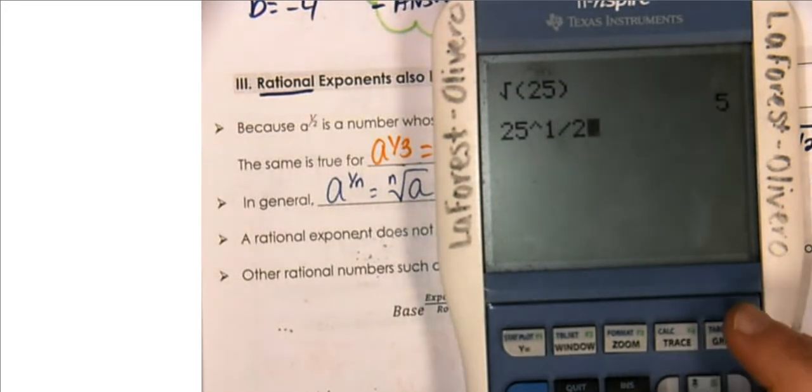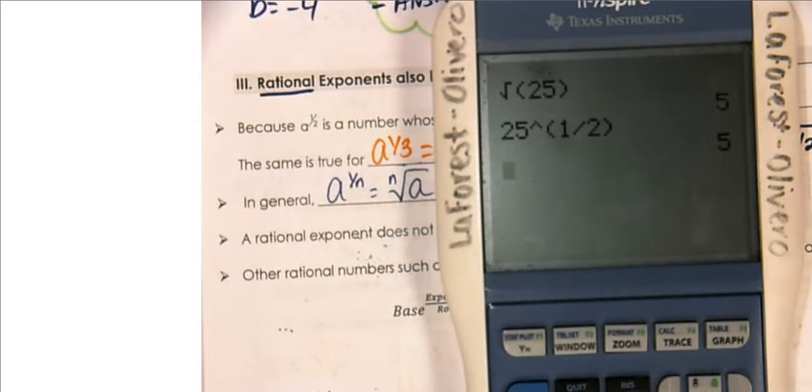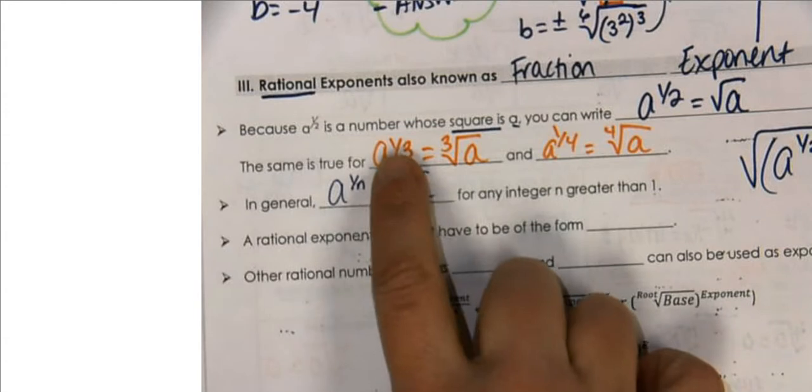So I'm going to make sure that I put that into parentheses, 1/2 power, just to establish that that's my entire power that I'm raising it to. And once again, you're going to see that that is equal to 5. So there is a direct relationship between fraction exponents and roots.